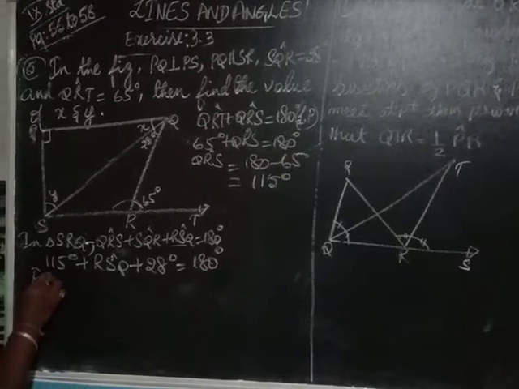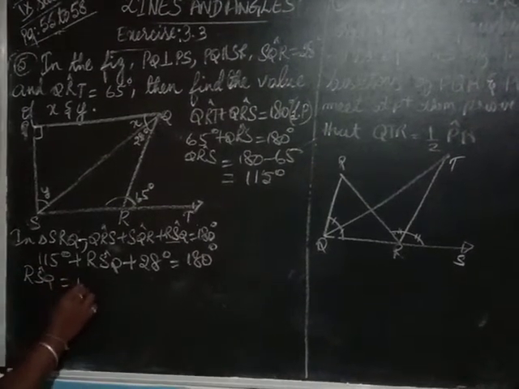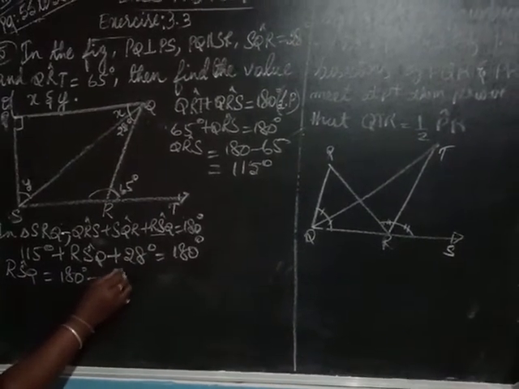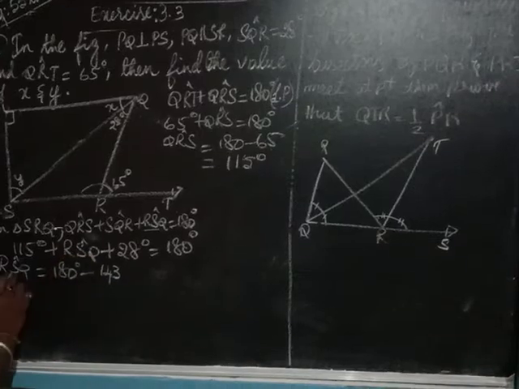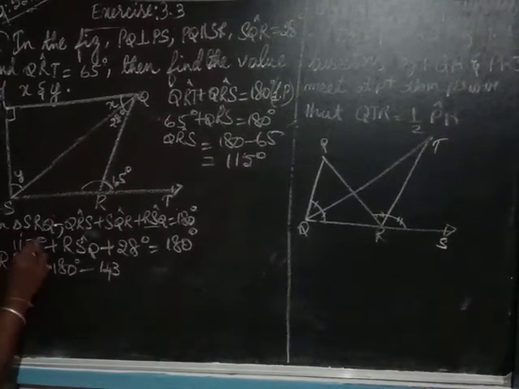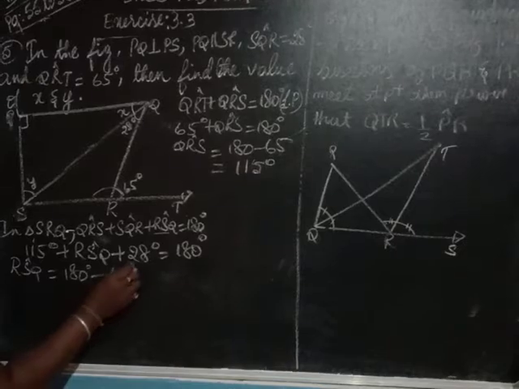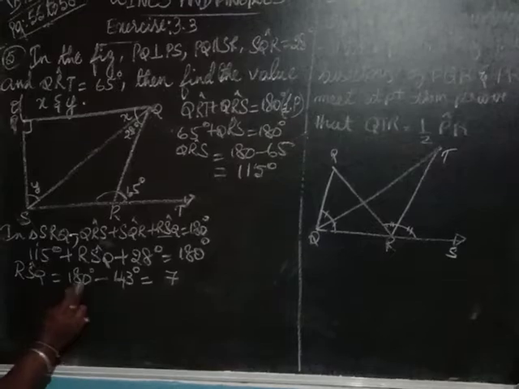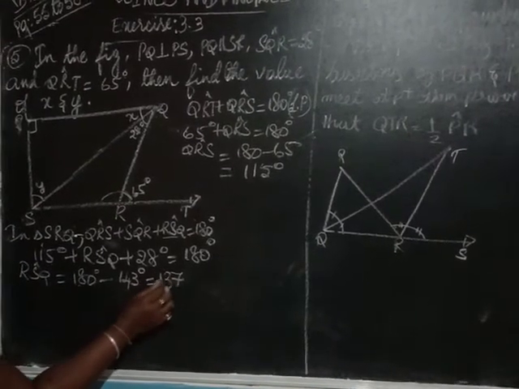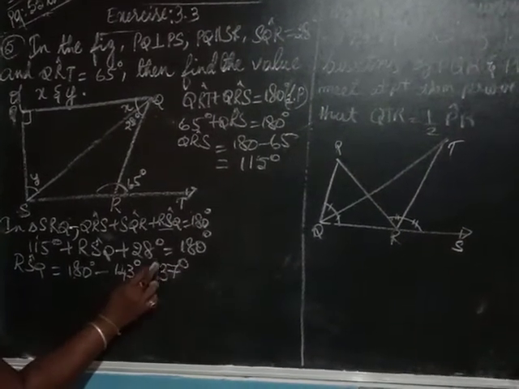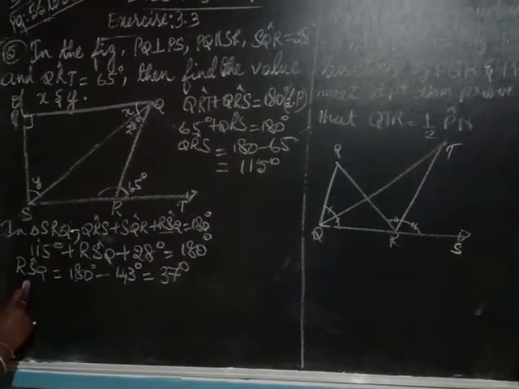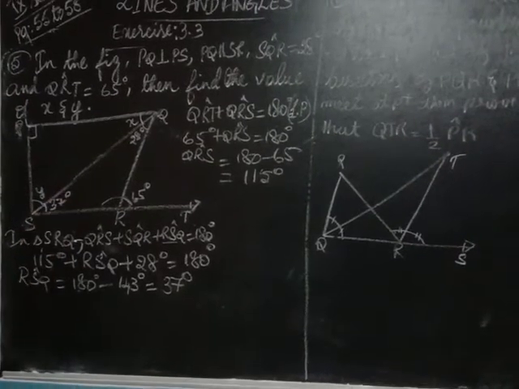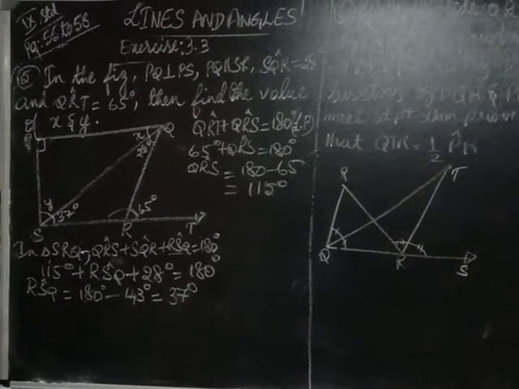Now RSQ is equal to 180 minus 143, that is equal to 37 degrees. Okay, RSQ is 37 degrees.